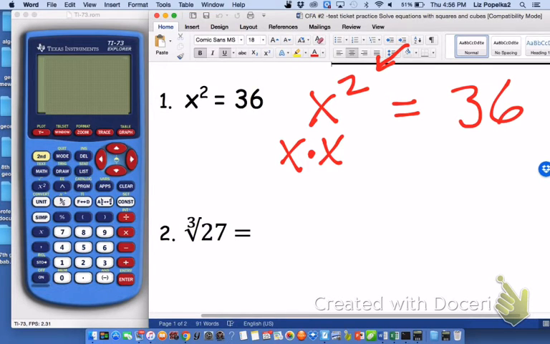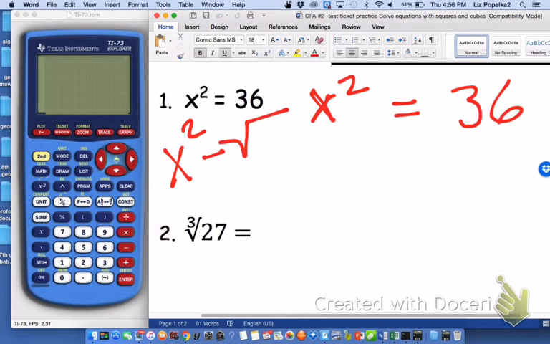So the same way that we used adding or subtracting, multiplying or dividing to cancel out operations when we're solving equations, we also need to use opposite or inverse operations to cancel out an x squared. Remember, I reminded you that x squared and square roots are the opposite of each other.